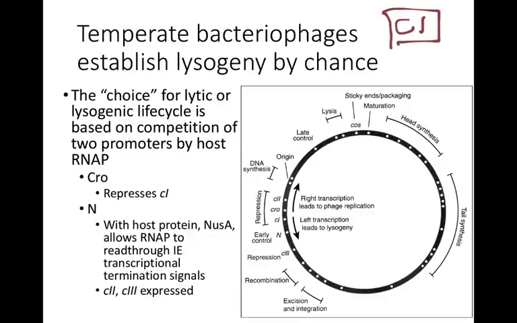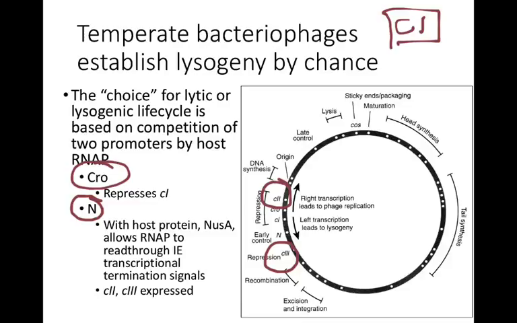There are other ones that are contributing to the quote-unquote decision to enter the lytic or lysogenic life cycle. And those include the proteins CRO, the protein N, and a couple of other proteins shown in the genome to the right here, C3 and C2.